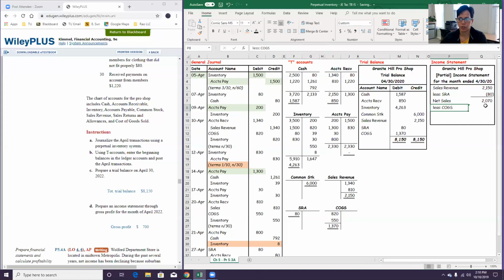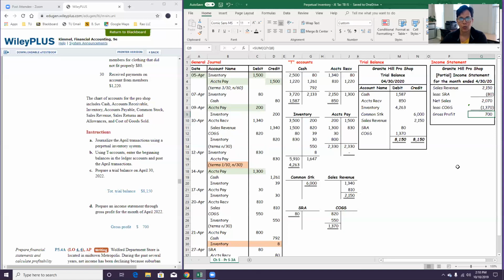So I'll write less cost of goods sold, and that's 1370. And that gives me the gross profit of $700. Once again, I look over here in my textbook, and the gross profit is in fact $700. So I have done all of my work over here, and it has all checked out correctly.